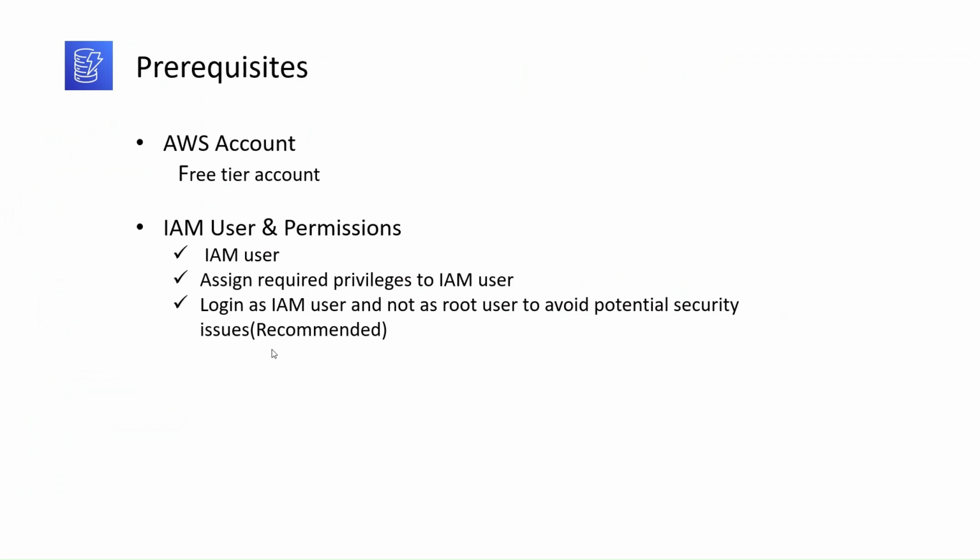Next, you need to have an IAM user with the required privileges to create DynamoDB and perform table and index operations, and so on. If it is difficult to spot the specific privileges required, we can assign the administrator access managed policy to the IAM user.